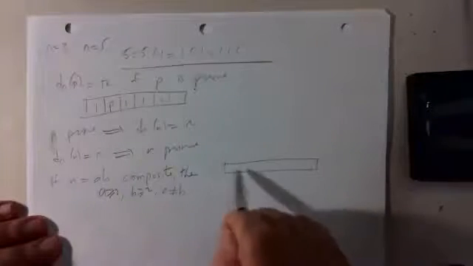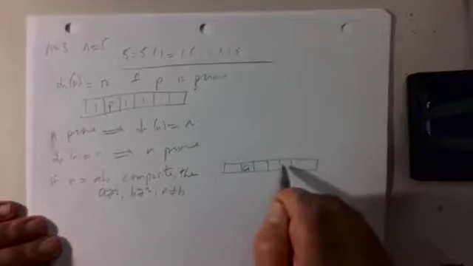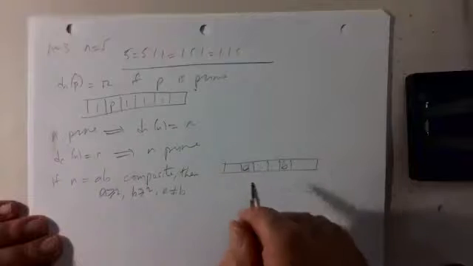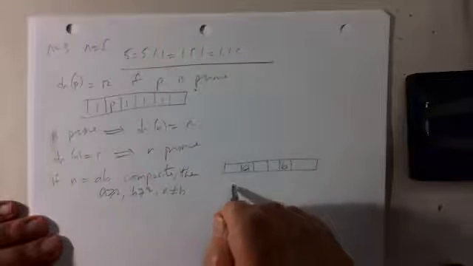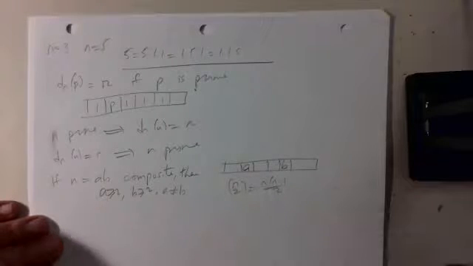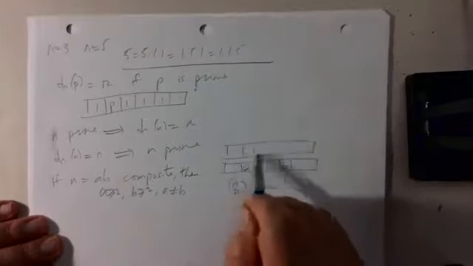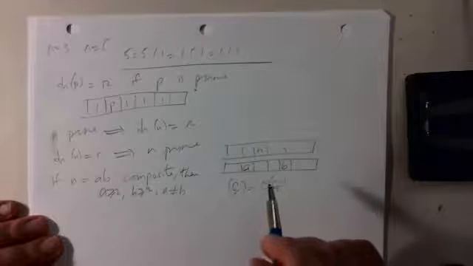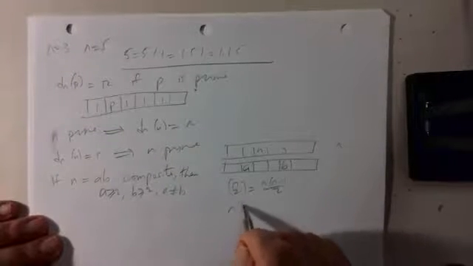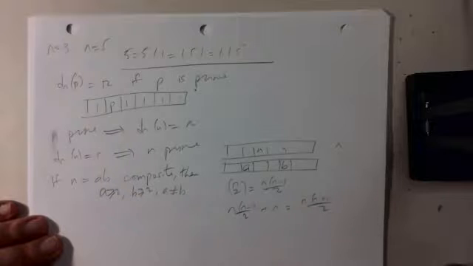In this case, you can think of this as you have r boxes, you pick one where you put a, and you pick another where you put b, and you can choose those in r choose 2 ways, r times (r minus 1) over 2. In addition, you can also put n in one of those boxes, and you have r ways to do that. r times (r minus 1) over 2 plus r is r times (r plus 1) over 2.